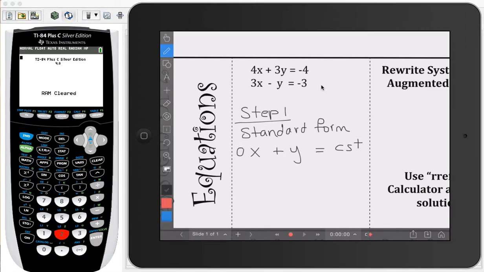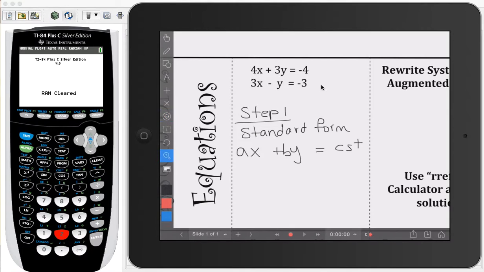So basically ax plus by equals a constant. If you look closer at the equations, x and y are on one side and the constant is on the other. In the second equation also, I have the x and the y on one side and the -3, the constant, on the other side. So yes, it is written in standard form.